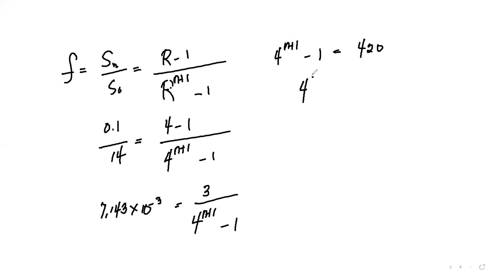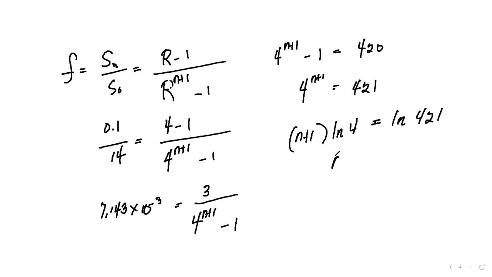So 4 raised to n plus 1 is equal to 421. We take ln of both sides, so you have n plus 1 times ln of 4 equal to the ln of 421. So your n here is 3.3588.